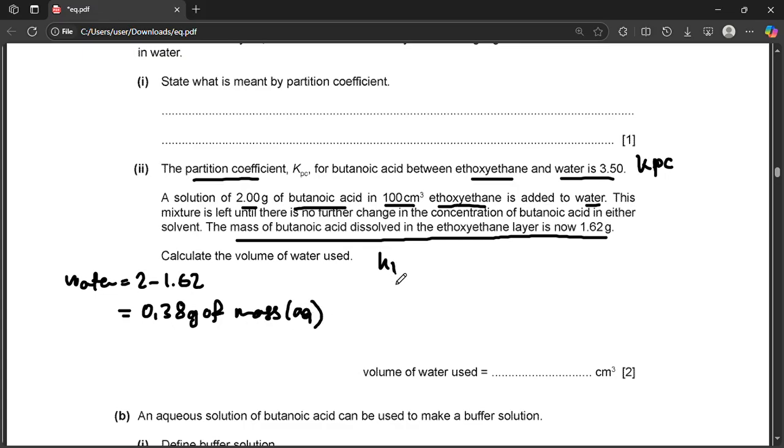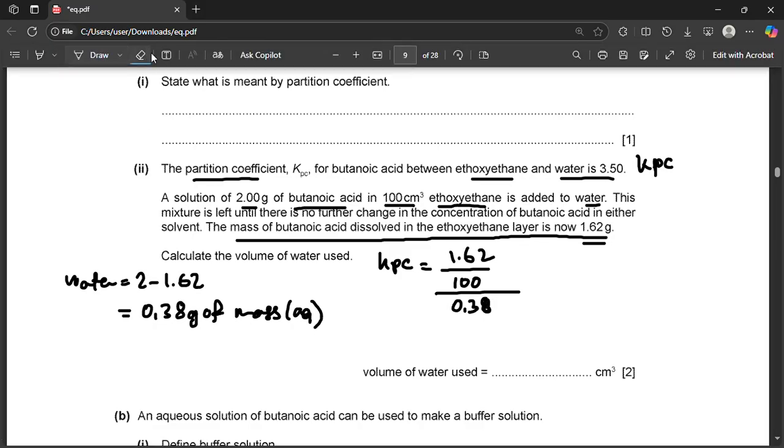Use the formula that I just mentioned earlier. You put the mass in the organic solvent first, which is 1.62, and you put the volume, and you put the mass of butanoic acid dissolved in water. Sorry, my bad, this is supposed to be 0.38, but I wrote it in a weird way.